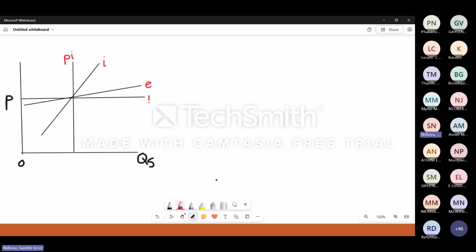And here I'll put a PE for perfectly elastic. Okay. And an example of a perfectly inelastic supply curve is the one for the supply of insulin. And inelastic supply is seen in the market for tuition, right?